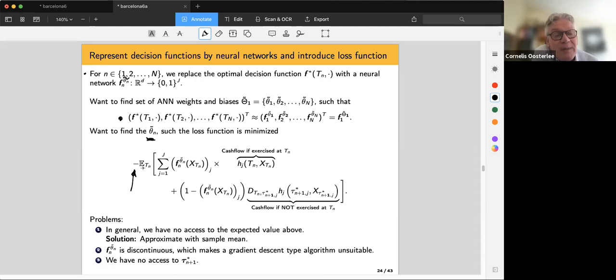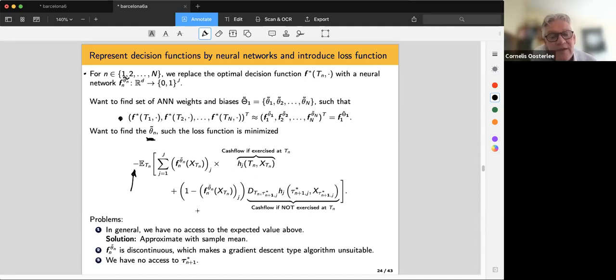Then we look at the expectation of the sum of exercising and the cash flow when we exercise. So f would be 1 if they exercise. It's the sum of f times the cash flow plus (1 minus f) times the discounted cash flow at a later time. This is the cash flow when there is exercise at Tn, and the other is the cash flow when there is no exercise at Tn.